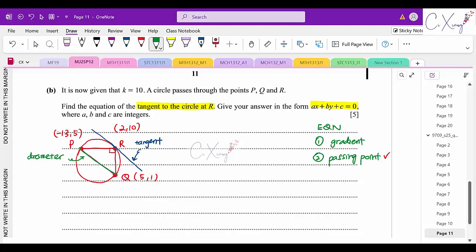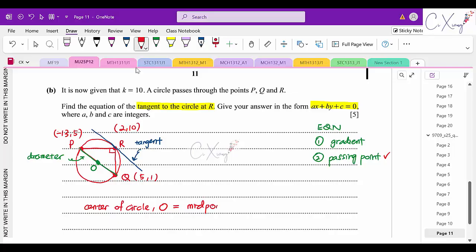When you know that PQ is the diameter of the circle, the center of the circle will be the midpoint of PQ. I label the center as O. So the center of the circle O is equal to the midpoint of PQ.